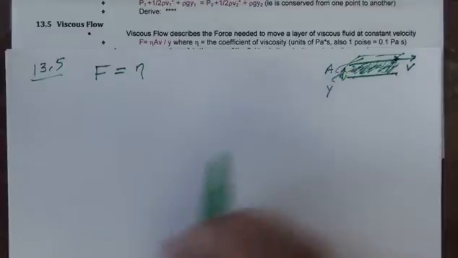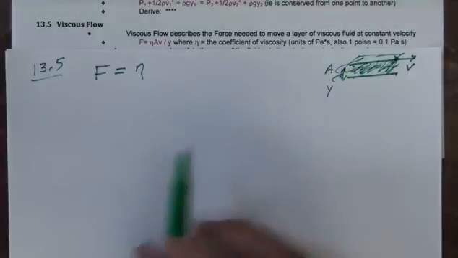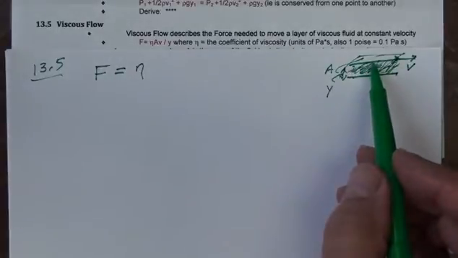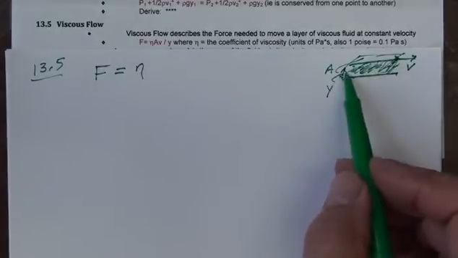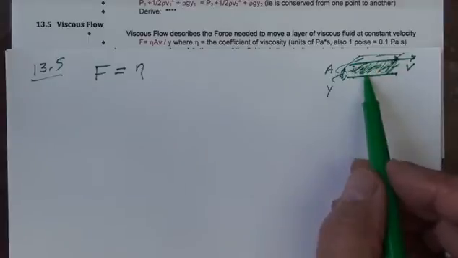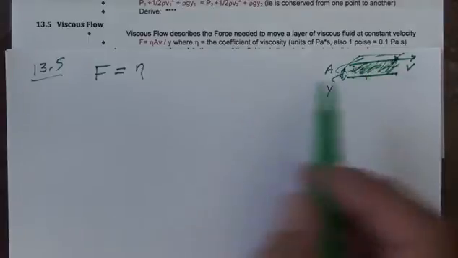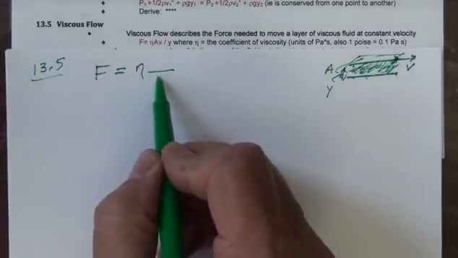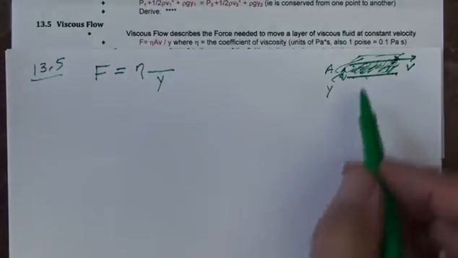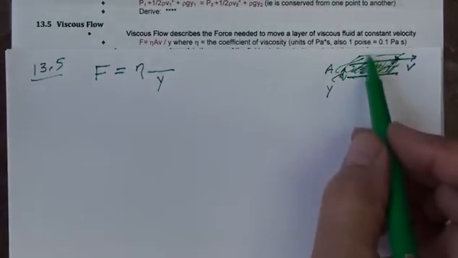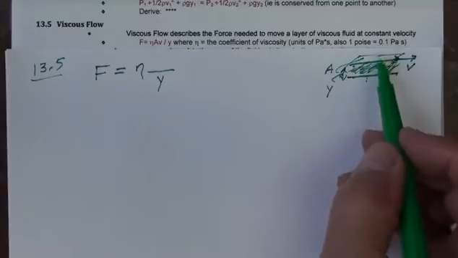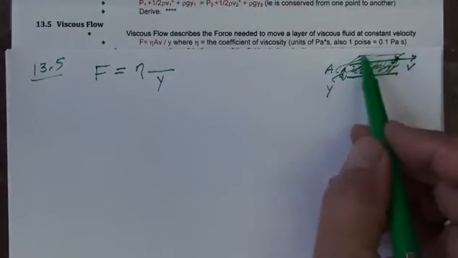Now, if you stop and think about it, the force that's going to be necessary will not be as great if I have a great separation here. So this is going to be inversely proportional, as you might guess, to the distance between, because if I go twice as far away, it'll be twice as easy to slide this.